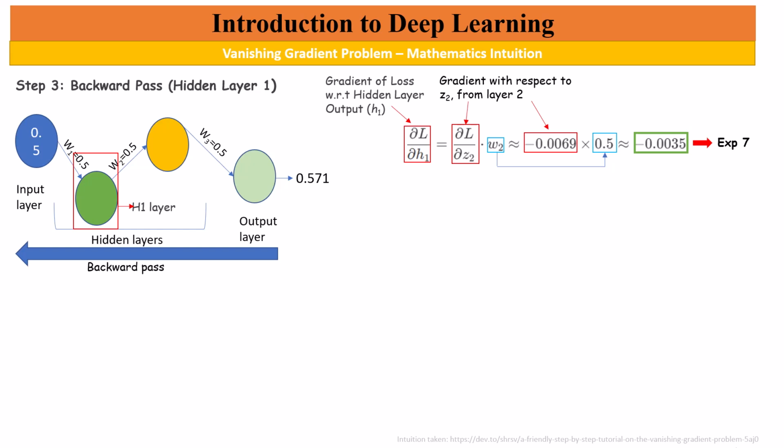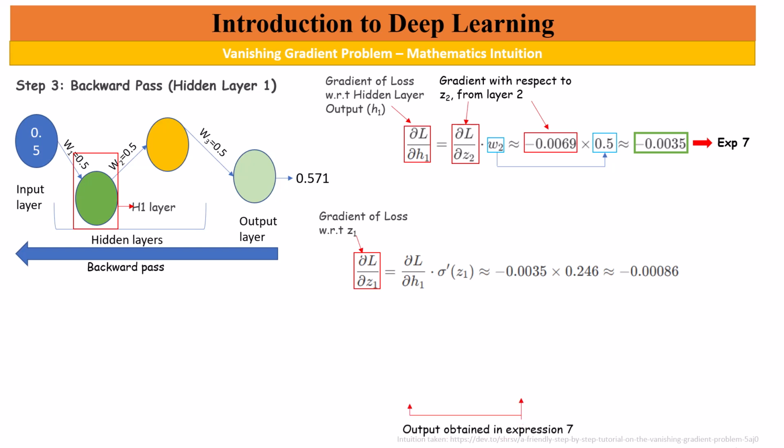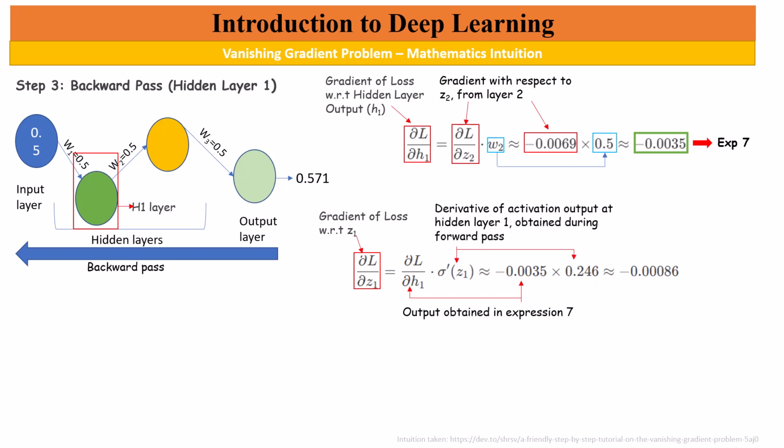See here how the weighted input Z1, that is the input obtained before applying the activation function, affects the loss. We multiply the result obtained in expression 7, which is -0.0035, by the derivative of the activation function, sigmoid in this case, which is 0.246. The result, -0.0086, shows that the influence is getting smaller.